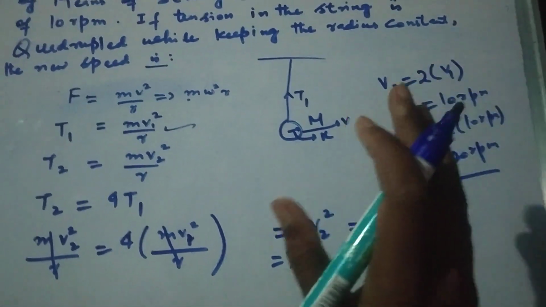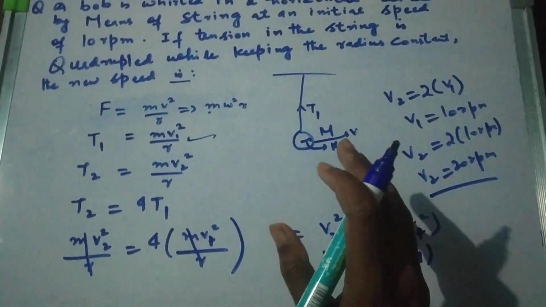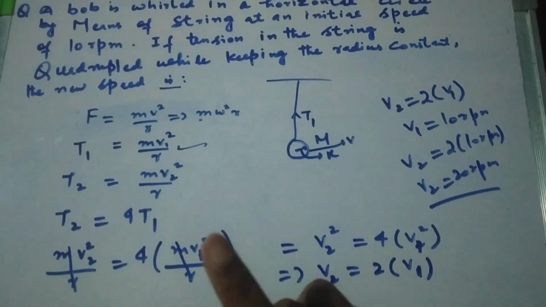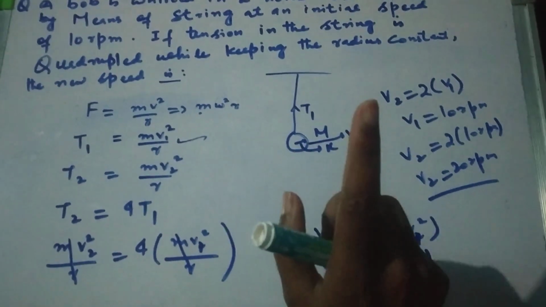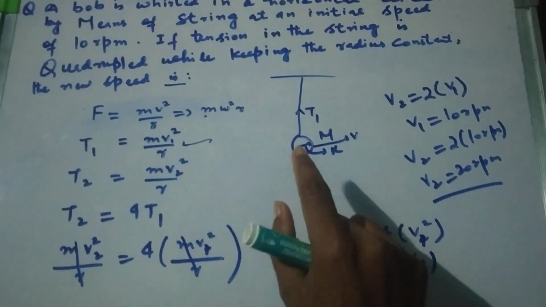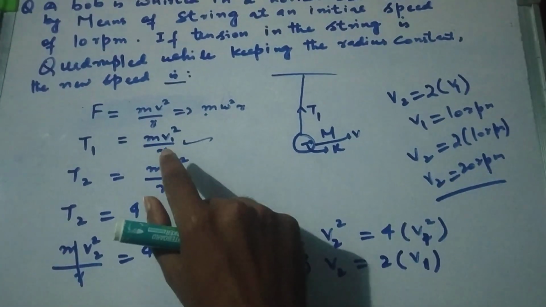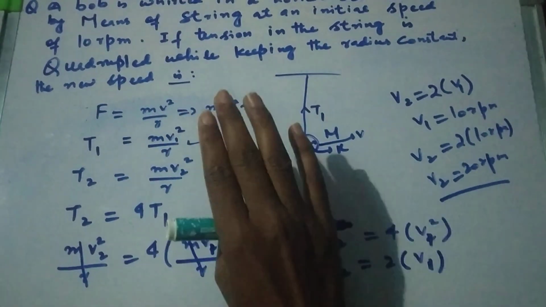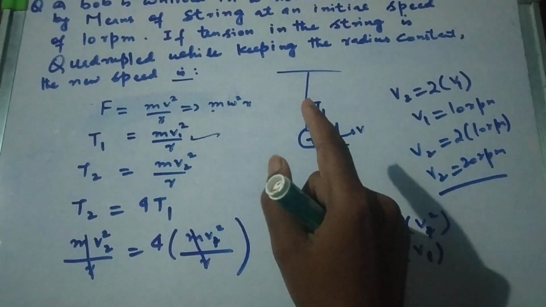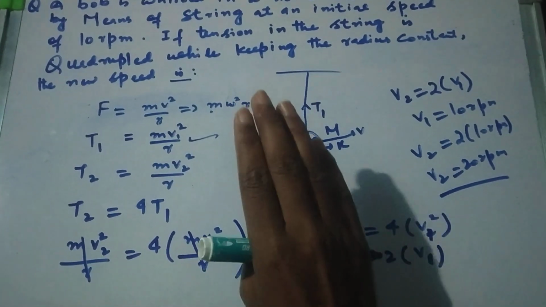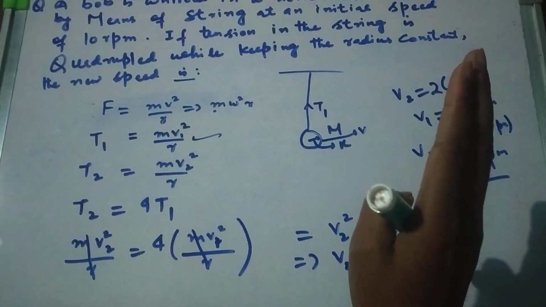This is a question that was asked in the NEET paper, and there is only one concept to remember: centripetal force. The tension in the string is mv square upon r. The second concept is that when the tension is quadrupled, it means tension T2 is 4 times tension T1.